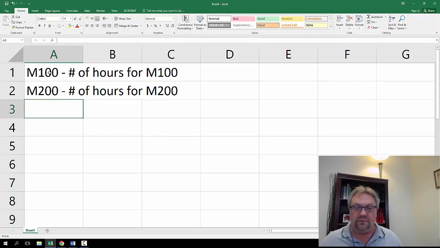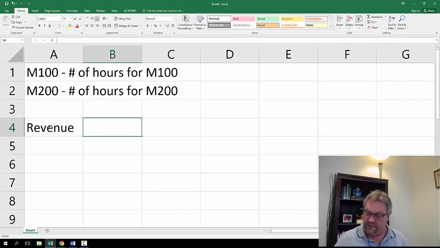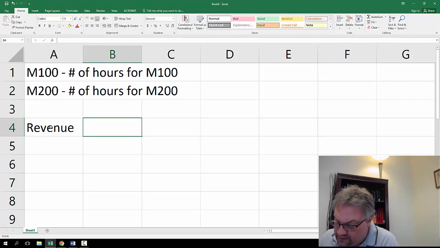To be honest with you, the task in this problem is just to figure out profit. So first, I'm going to start with revenue. That seemed to be the easiest to me. The computer company will pay $18 for each case Jackson Hole can deliver. For the M100, it has a production capacity of 25 cases per hour.